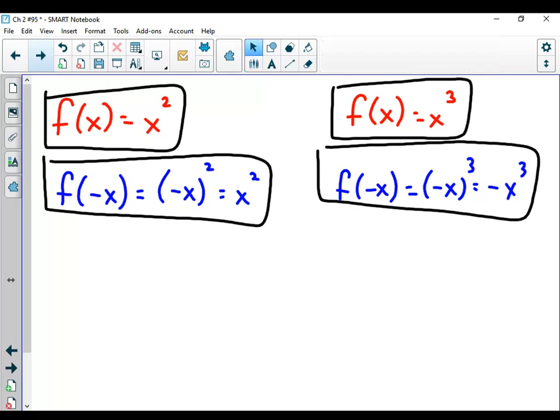So why do you go square root of negative x? Be careful, and I understand what you're saying there. If you do the square root of a negative x, you're right. But really what we're going to be saying is the square root of the opposite of x.